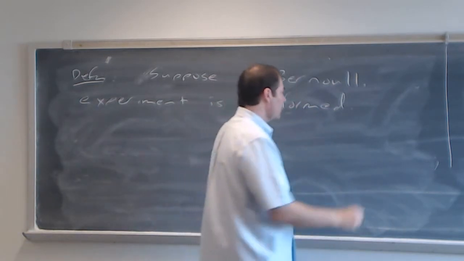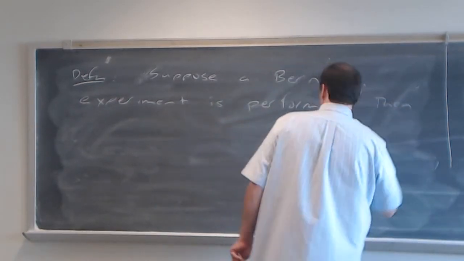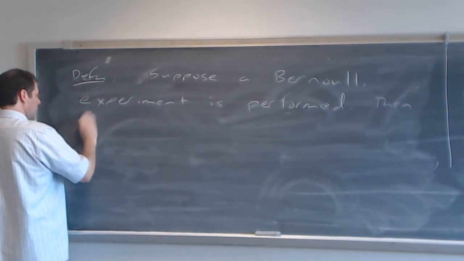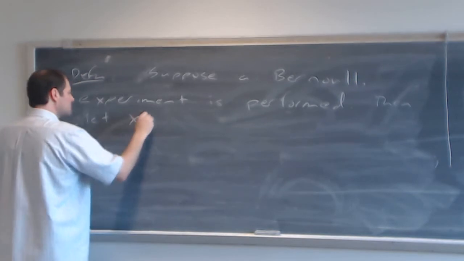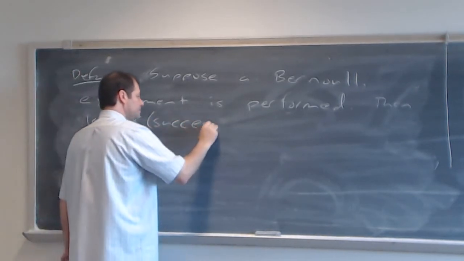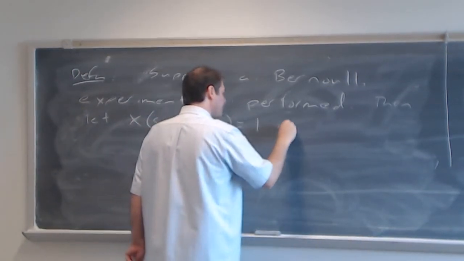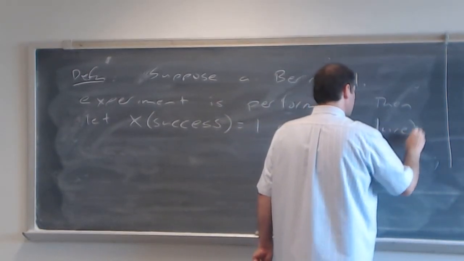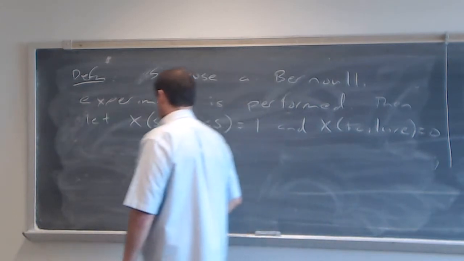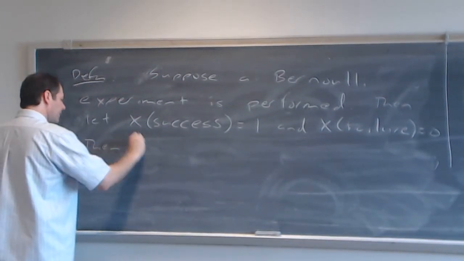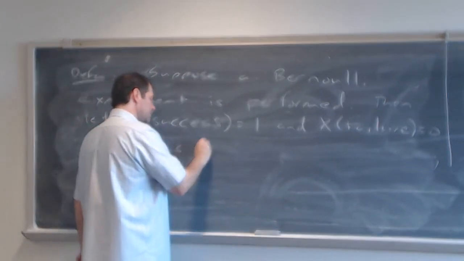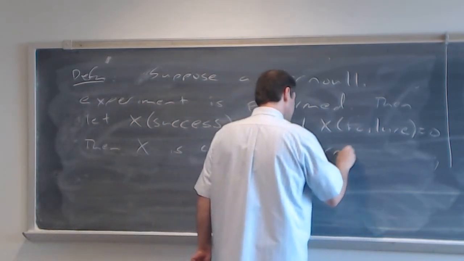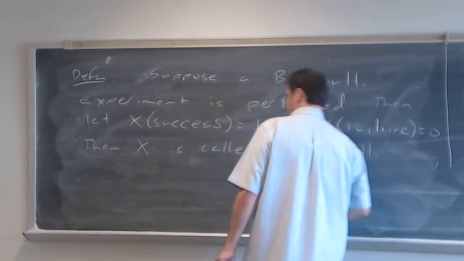Then define, or let, X of success equal 1 and X of failure equal 0. Then X is called a Bernoulli random variable.